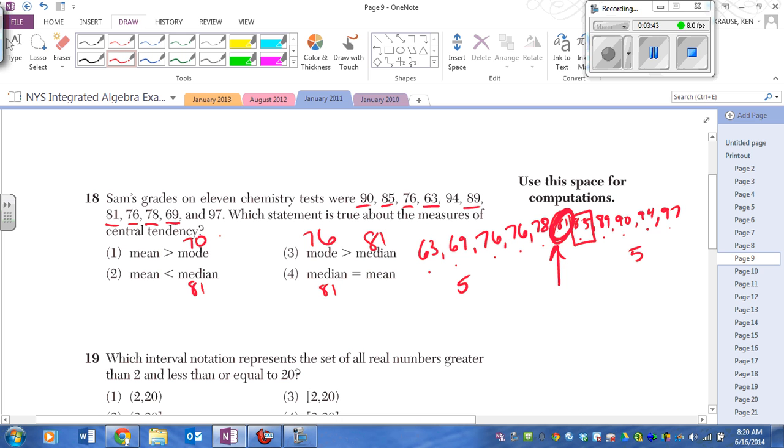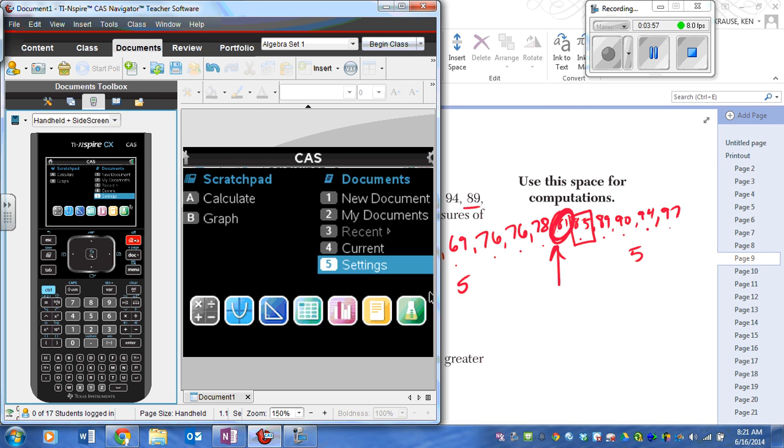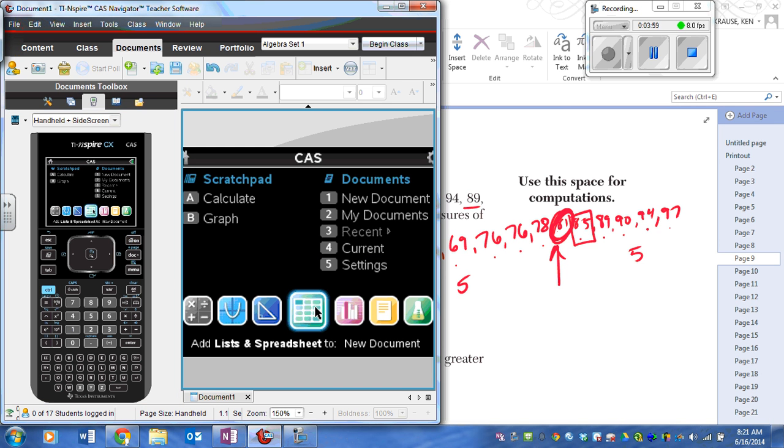Alright, so we still need to find the mean, but we're going to use the calculator to put these numbers in. If we remember correctly, we go to the home button, and we go into spreadsheets.